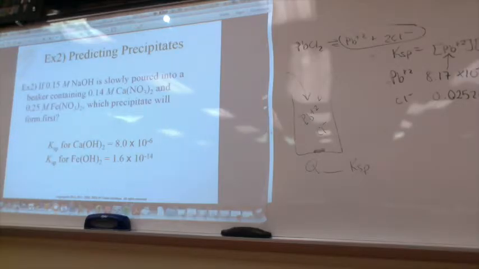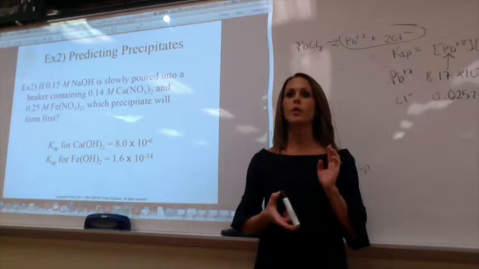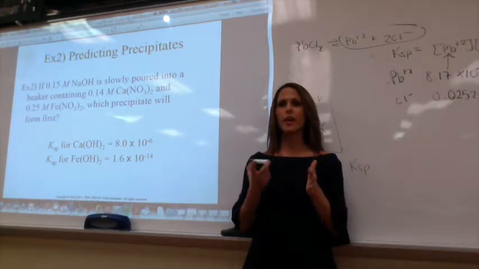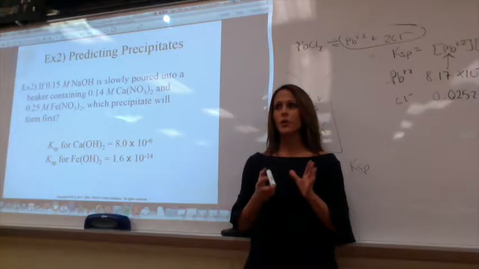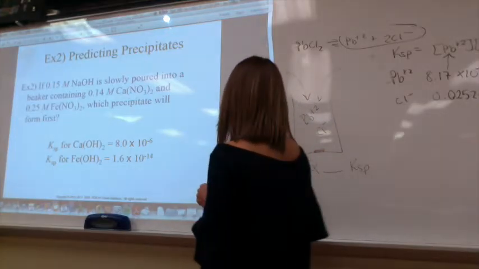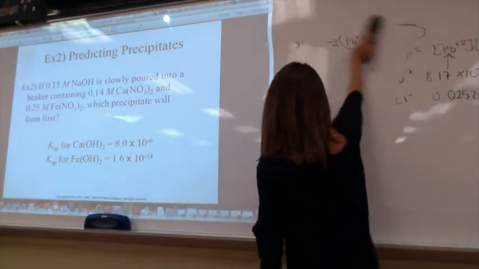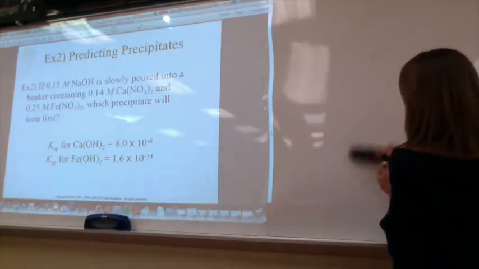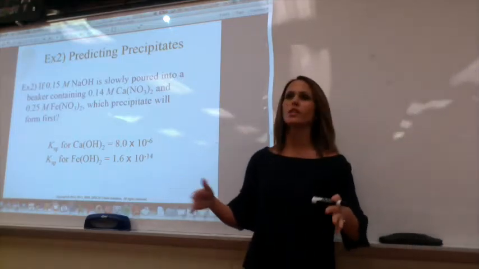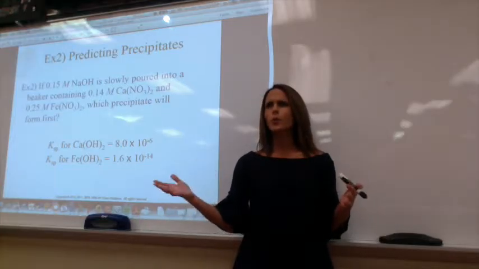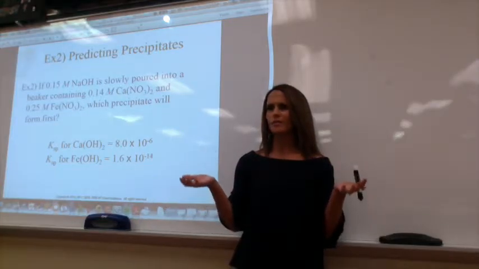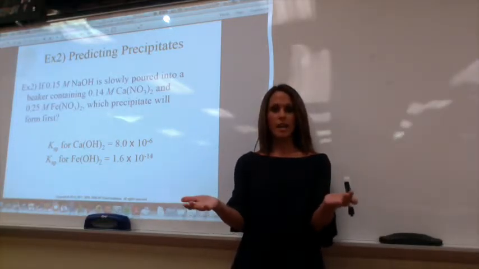All right, next type of question. These are equally as hard, but you have to wrap your head around how you're going to solve this. So here's the scenario before we even read the question. I have a beaker, and inside my beaker, this is true of any solution. Say you take lake water or pool water or any source of an aqueous solution, it has stuff in it.